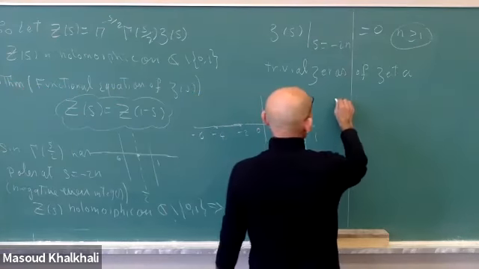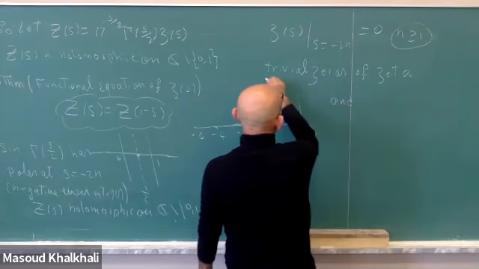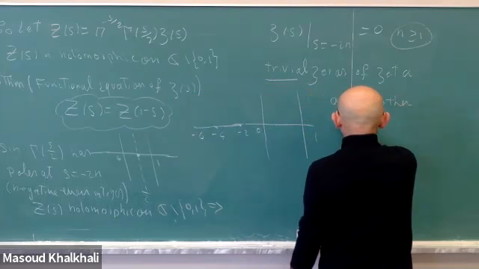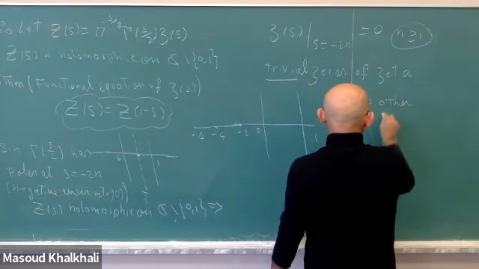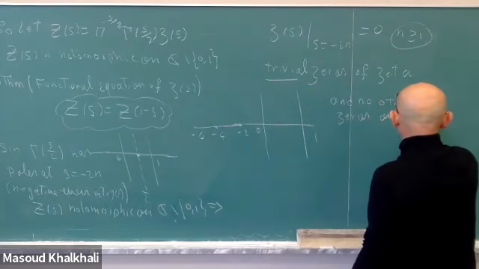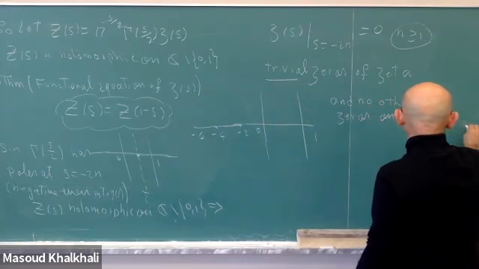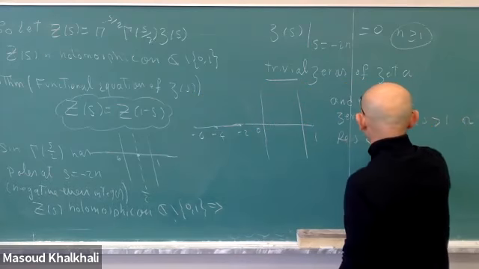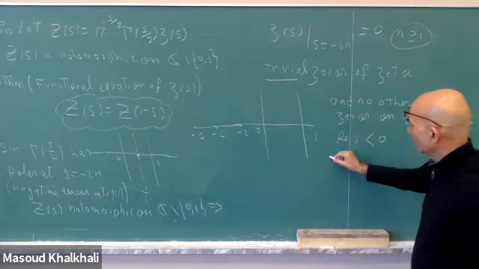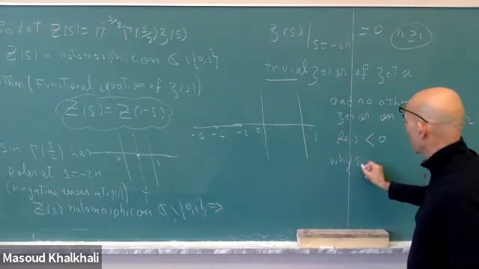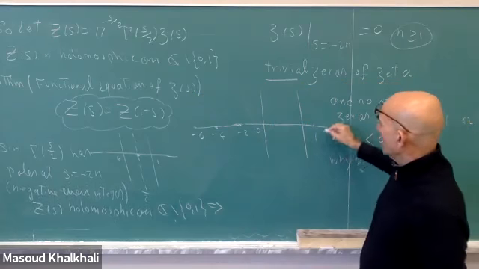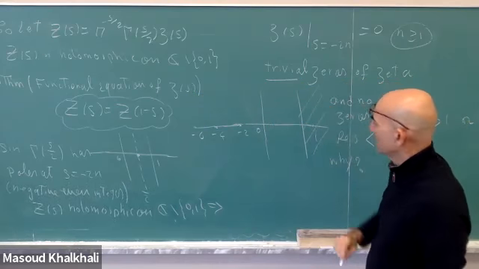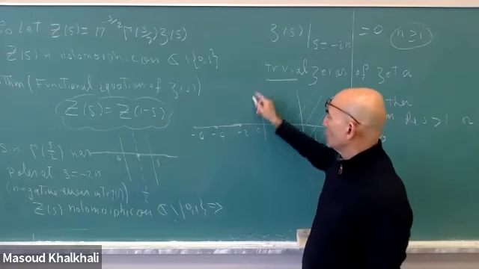And so let me put it like that: no other zeros on real part of s bigger than 1 or real part of s less than 0. Why? For example, why does the zeta function have no zeros here and no zeros over there?